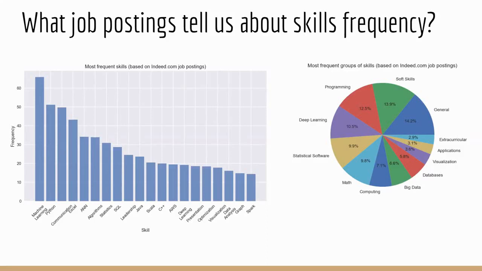Soft skills, the top 2 group. Programming, which will be the basis of most of our courses, so no separate courses for it, but included everywhere. Deep learning, the hottest topic in machine learning nowadays, and statistical software for some fast statistical analysis of data. Math, computing, and big data are also 3 large groups, which is a bit surprising.